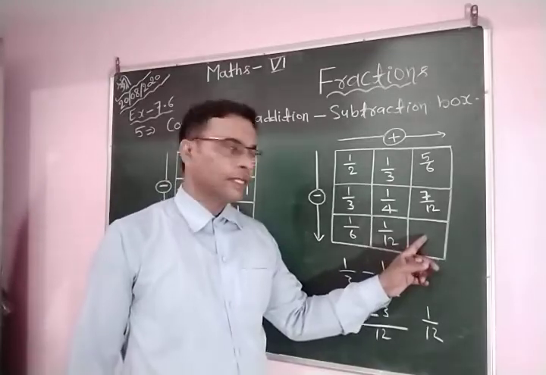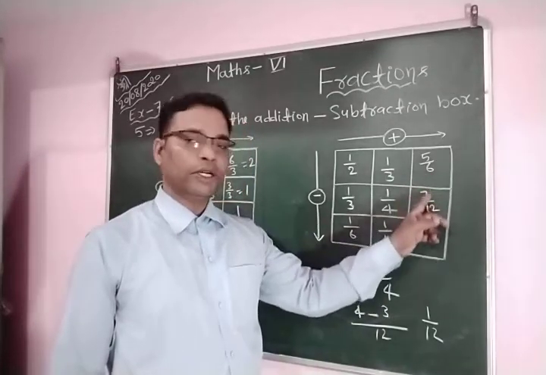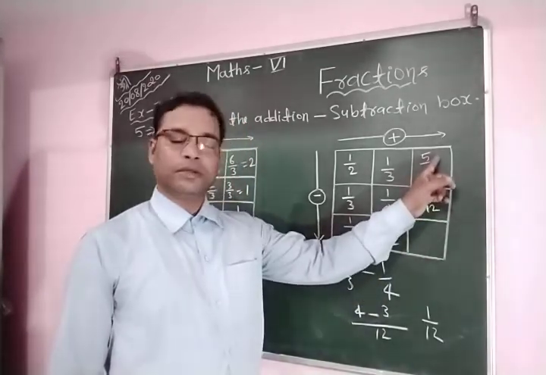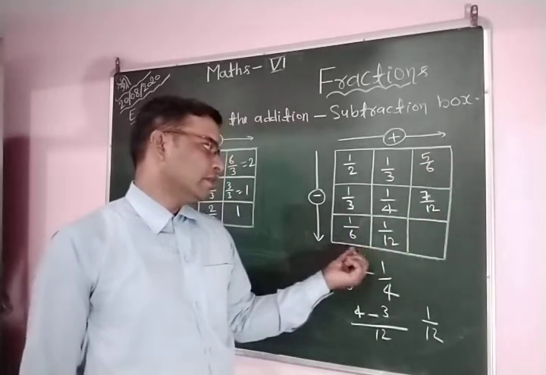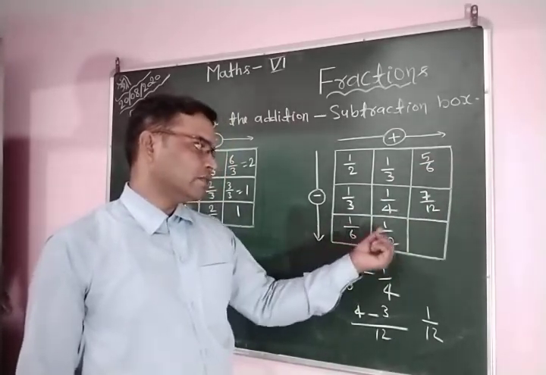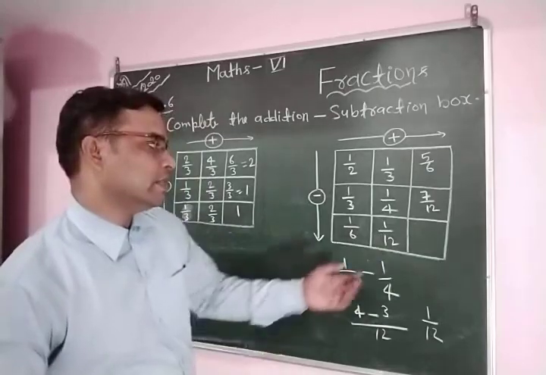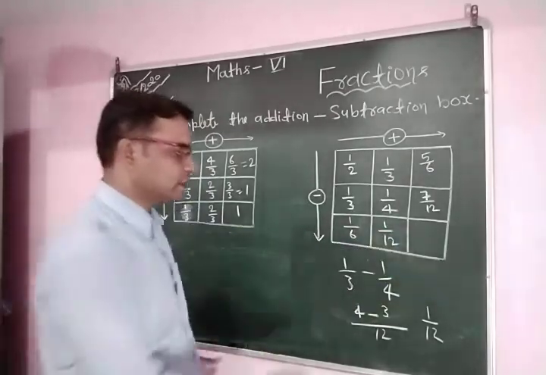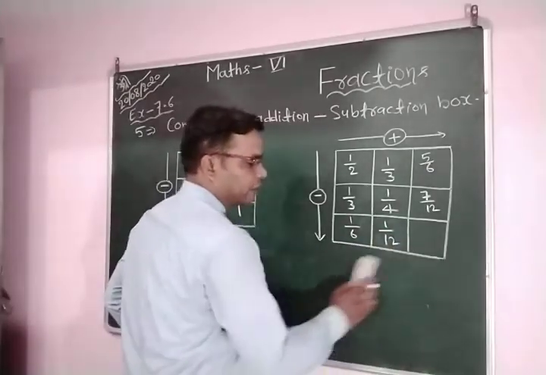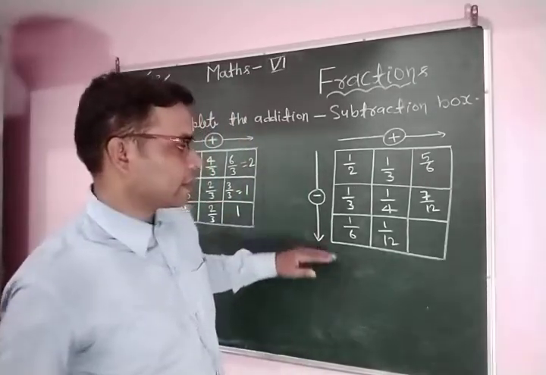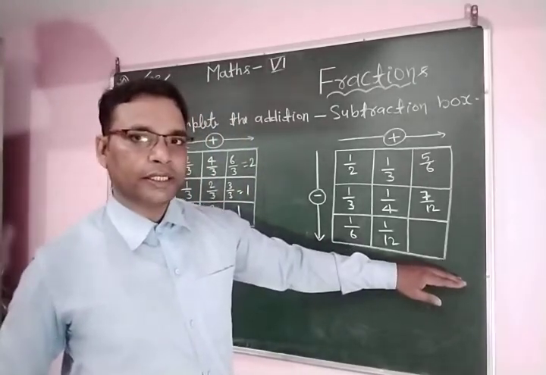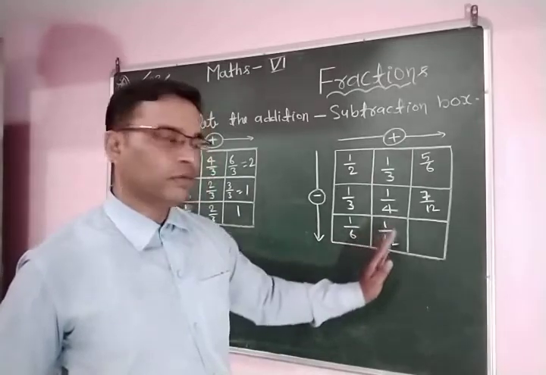Now in this bracket we subtract 7 by 12 from 5 by 6, or we can add 1 by 6 plus 1 by 12. Then we obtain the result of this bracket. So we use this method. This direction means plus, 1 by 6 plus 1 by 12.